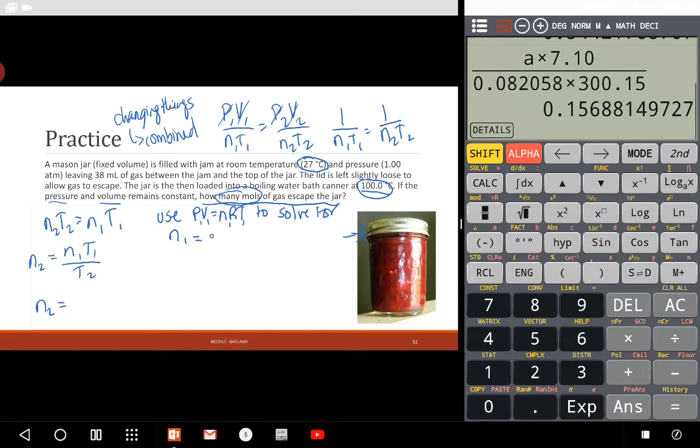N1 is going to be equal to my pressure, which is 1 atmosphere, and my volume. I'm going to have to convert that into liters. PV over RT. I'm using atmosphere, so I'm going to use the 0.082058.